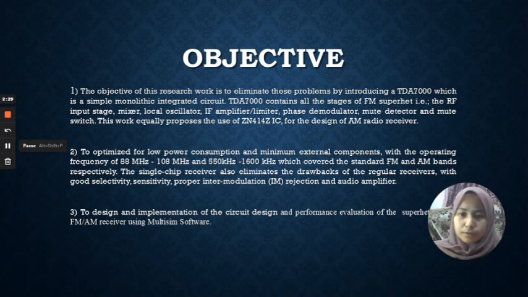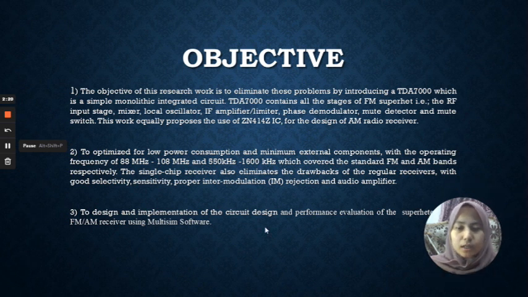Second, to optimize for low power consumption and minimum external components, with the operating frequency of 88 MHz to 108 MHz and 550 kHz to 1600 kHz, which cover the standard FM and AM bands respectively.